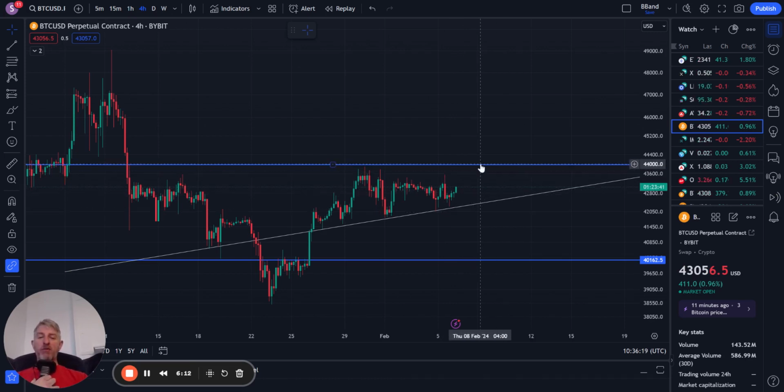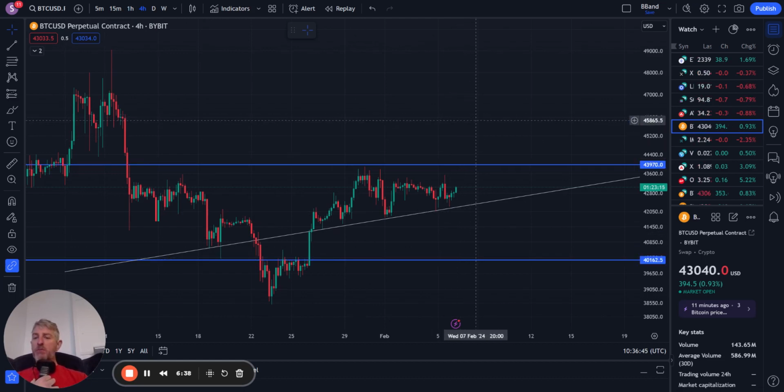For me personally, resolution will be a 4 hour closure above 44,000. And for me personally, a resolution to the downside, I'd like to see a closure below 42,000 on a 4 hour, and then we'll come back to it. A good target following resolution to the downside would be 40,000.